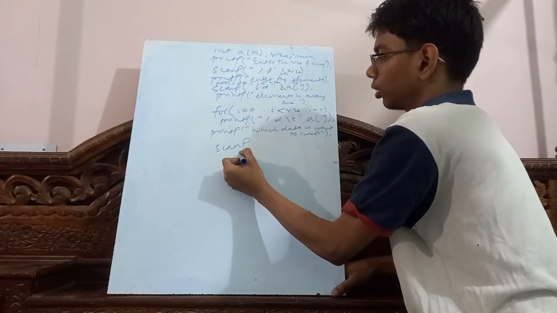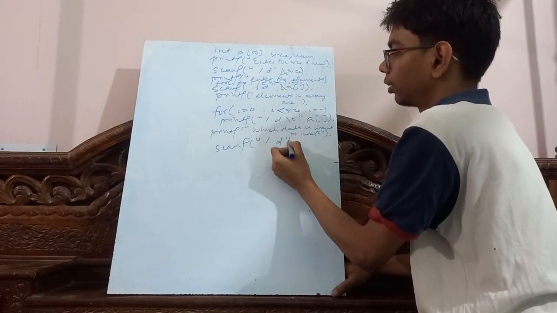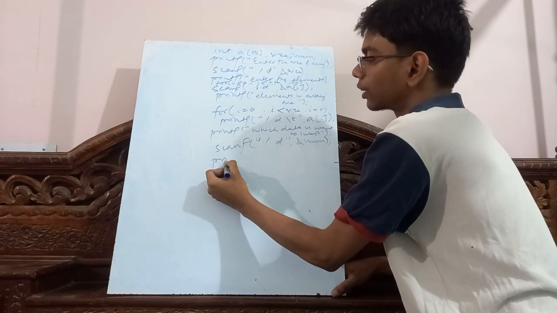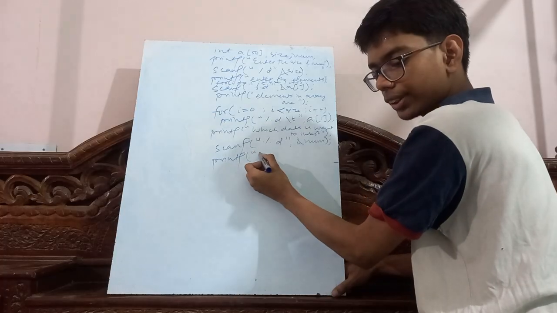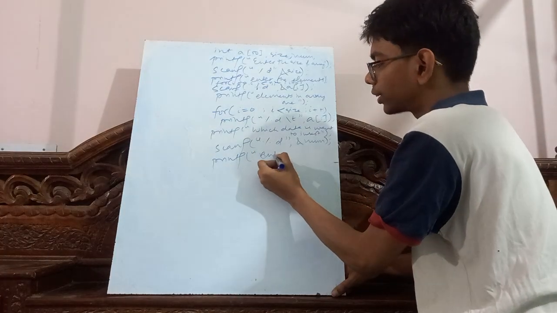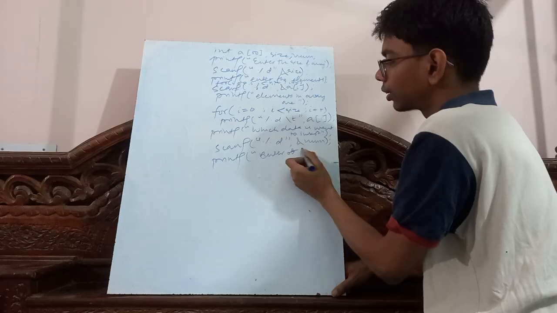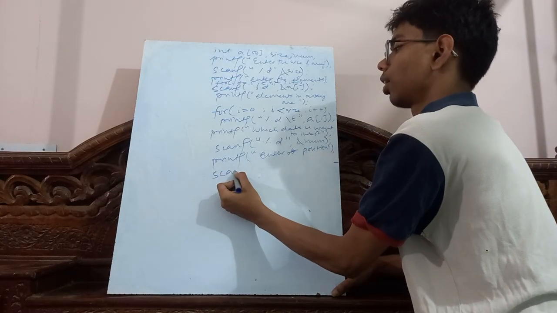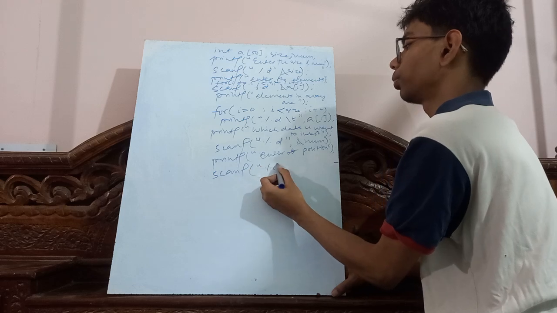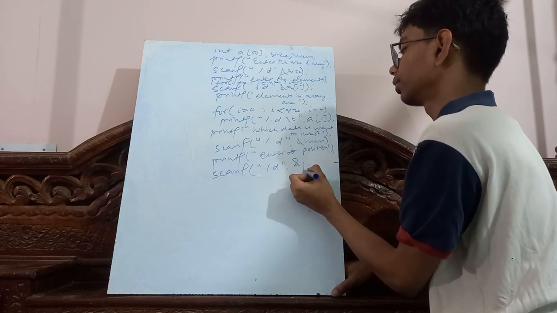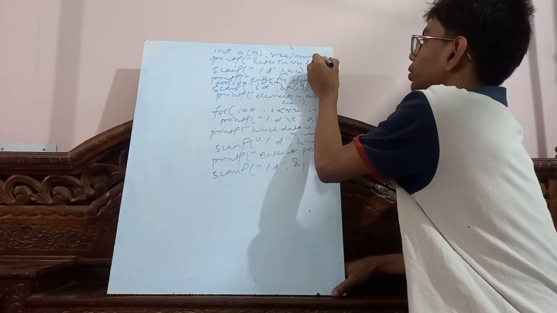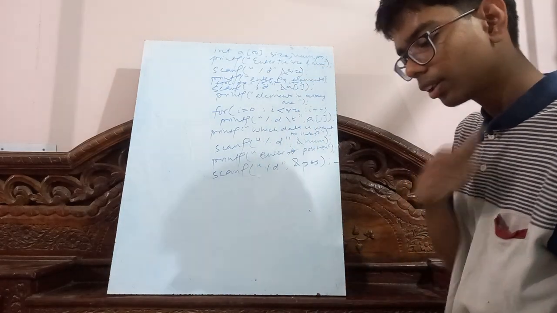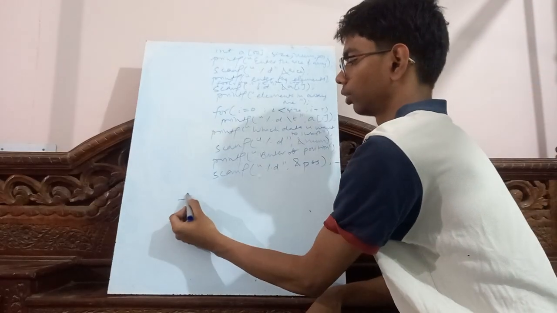He will give %d a value, %num, and then I will ask the user to enter the position on which you want to insert into your array. Through a scanf, I will take the position. Suppose I declare a variable as position, right?